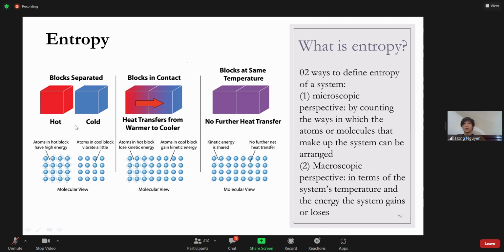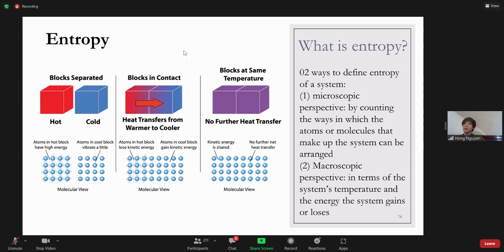Why, when we put a hot block and a cold block together, do we mostly get the situation where the two blocks have the same temperature, and not one very hot and one very cold? Why do we always have thermal equilibrium? We will try to explain it using the two ways.